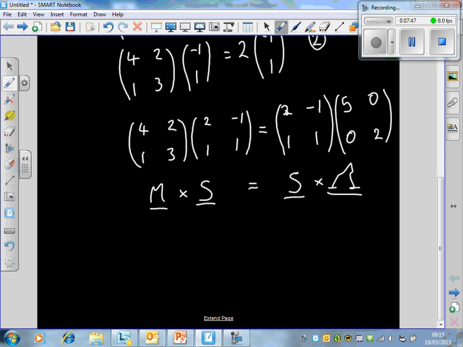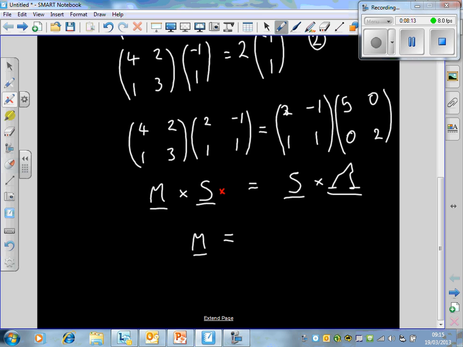Now, what is M equal to then? This is a matrix equation. Whatever we do to one side, we do to the other. We want to get rid of this multiplying by S. So what do we multiply it by on the right-hand side? The inverse of S. Now, matrix multiplication isn't commutative, so we have to be really careful with the order.